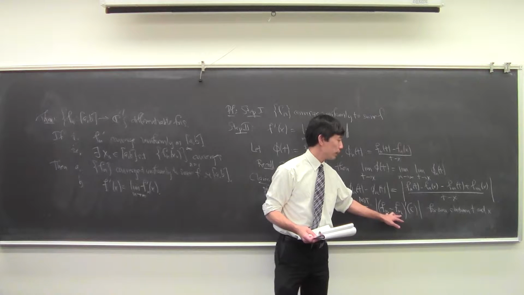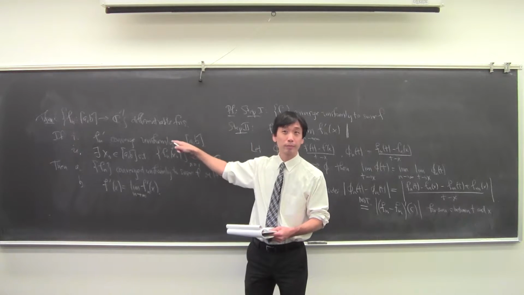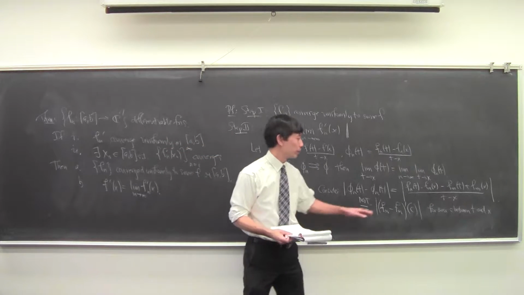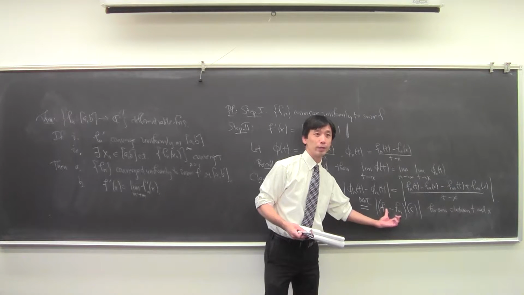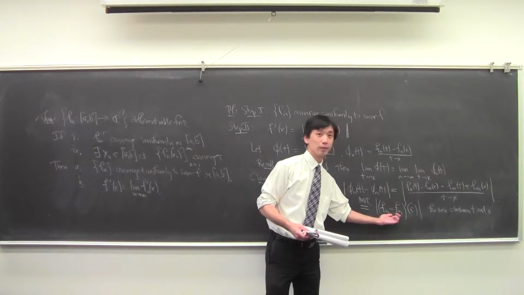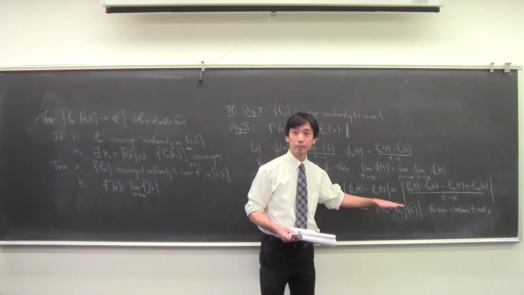But we know that the fn prime converge uniformly, so by the Cauchy criterion, we can make this smaller than epsilon on all of AB.